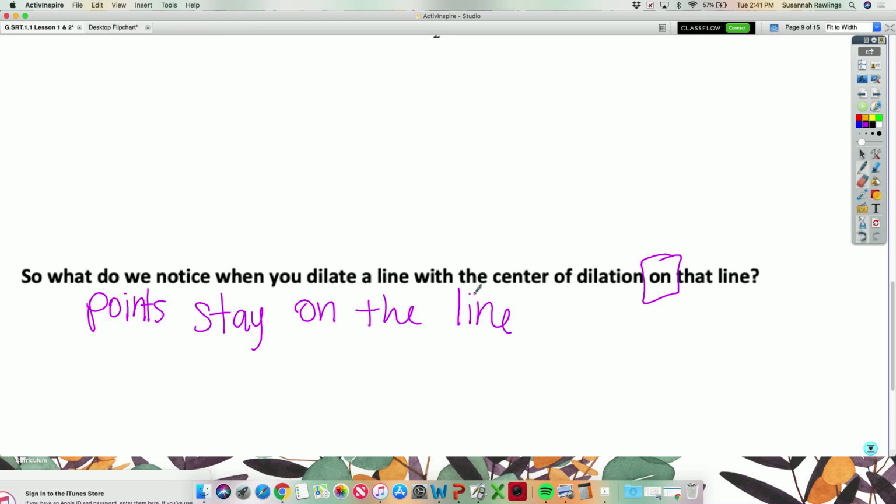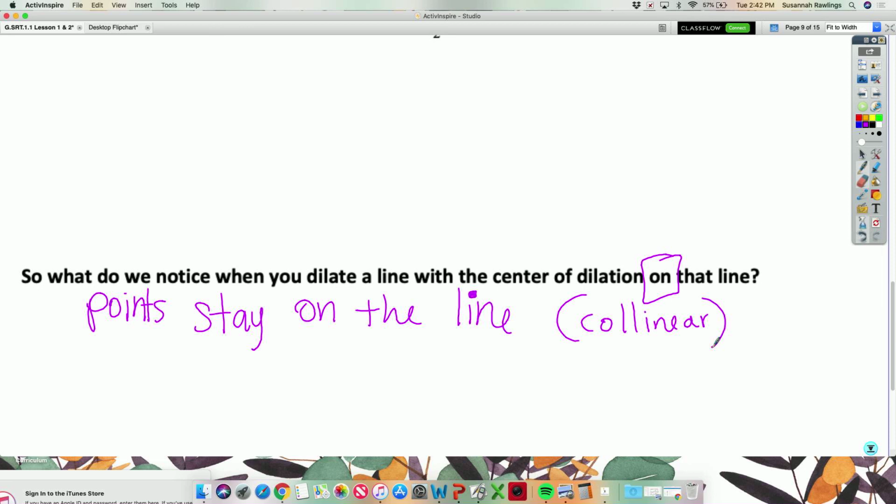Do you guys remember the word for points on the same line? Collinear. It's just a matter if it's enlarging, it's going to move farther away from that original point, or closer if it's a reduction. But you just want to notice it'll always stay on that line if that's where we're starting from.